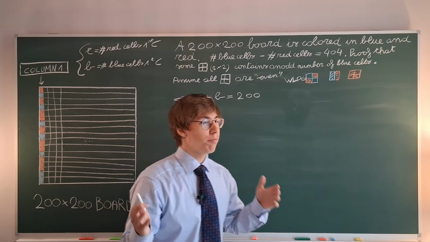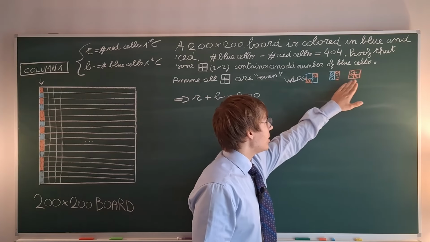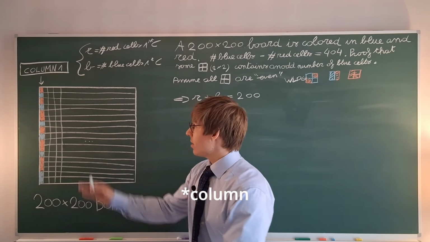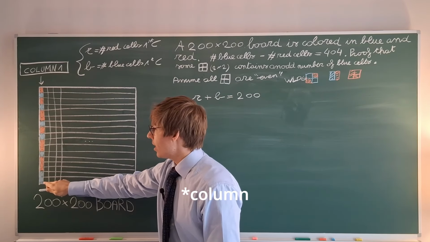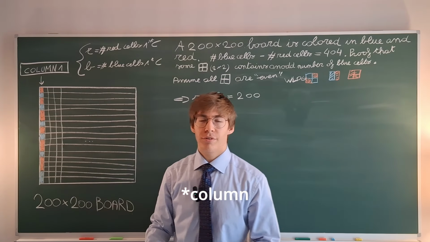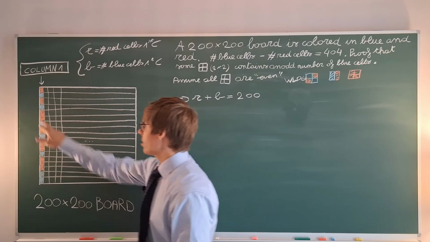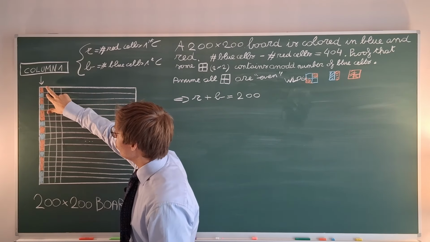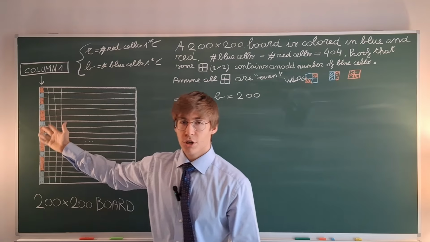But let me introduce some new symbols. Because these are the only options, we know that the second row has to be either exactly the same as the first row or exactly opposite of the first row. You can check this, because this has to be red-blue or blue-red, and then this opposite.